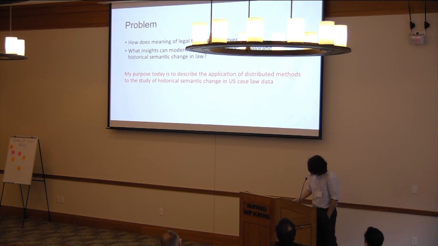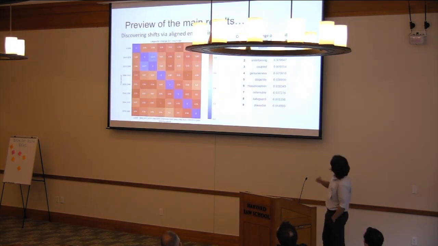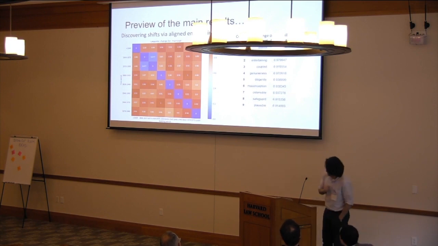Now, before I get into the motivation part, I want to briefly go over the main results. This is all of the cases from the case law data up to 1980, and we divide them into 30-year to 20-year periods.